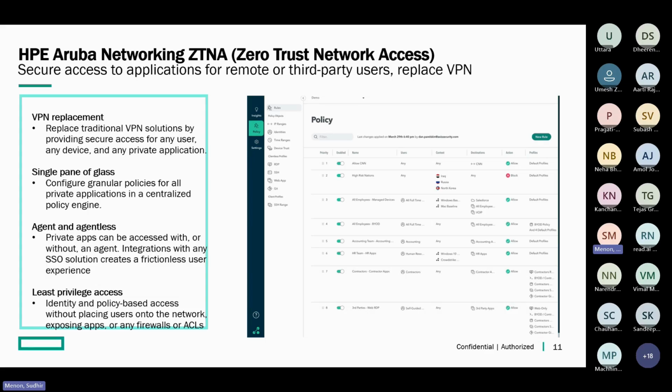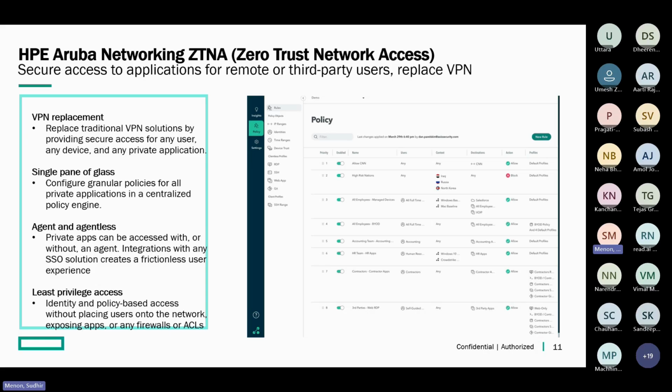This is one single dashboard for all the technologies within Aruba Networking SSE. Be it ZTNA, be it SWG, be it CASB, there is one single dashboard with which you can administer all of those technologies, whatever I have called out there. And that makes management less cumbersome.